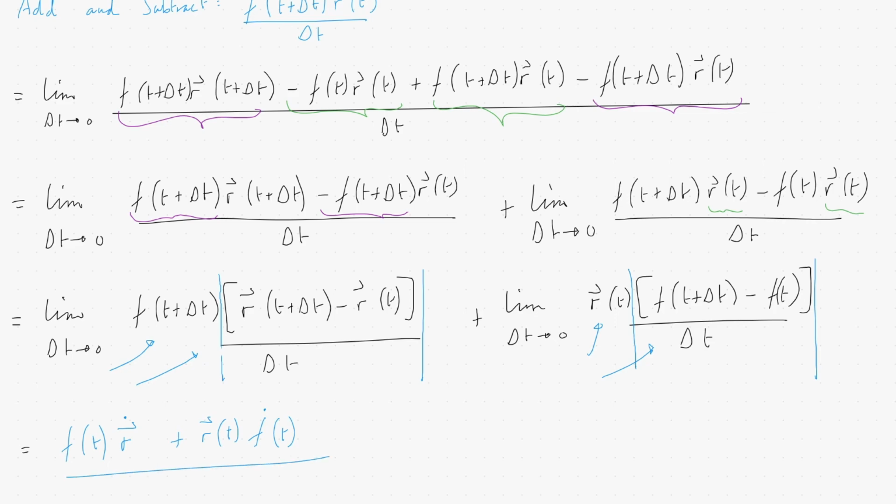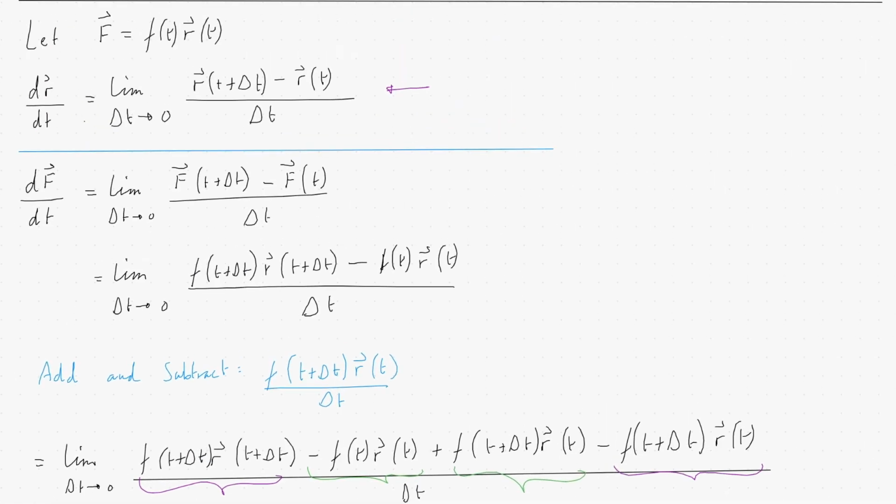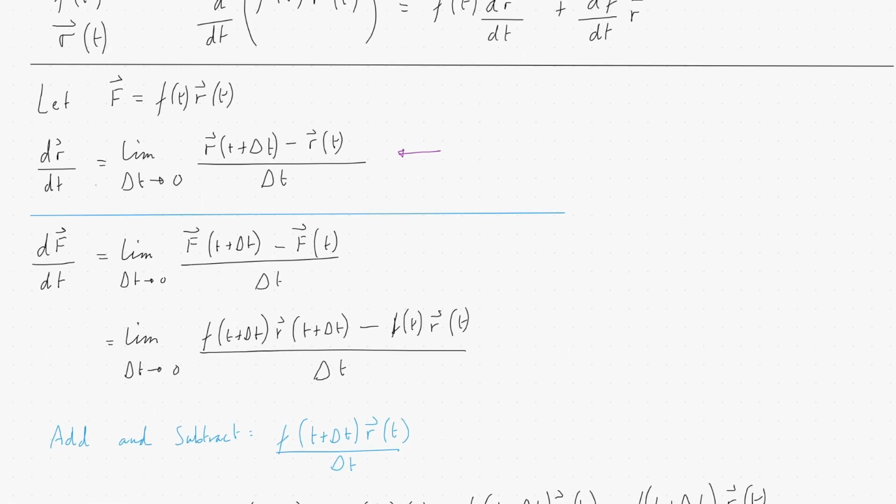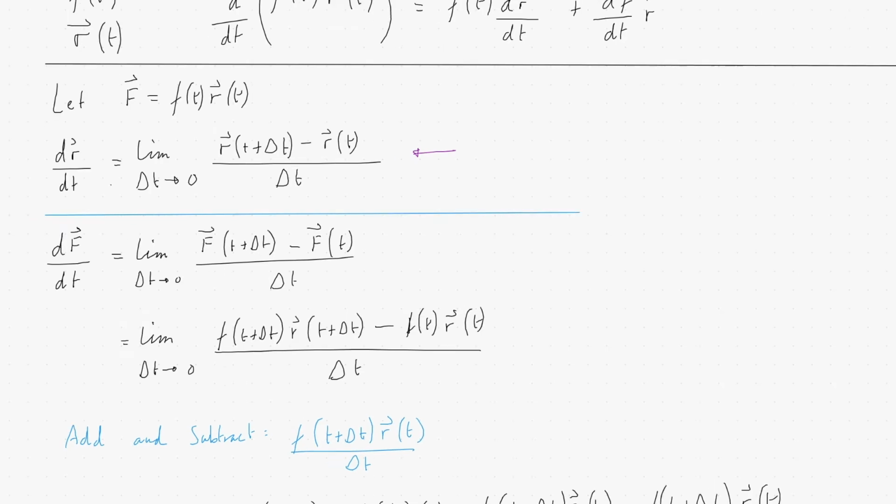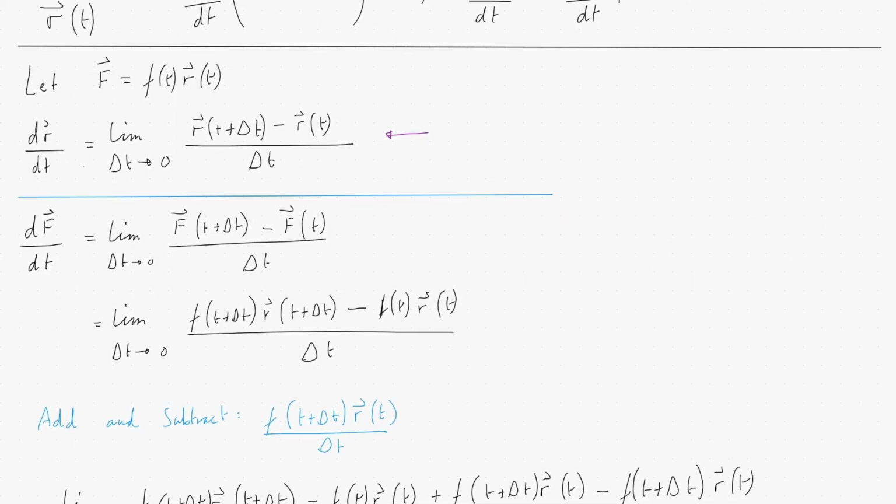And that is our final answer. Now, I know it's been a bit of a slog to get here, but we did. We started off at the very top with our two definitions. We had the definition of f, and we had the definition of the derivative.